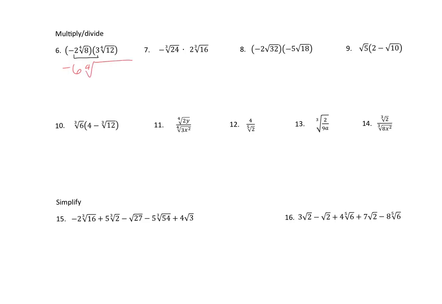Instead of doing 8 times 12, I'm going to write this as 4 times 2 and 4 times 3. Okay, there's your 8, and there's your 12. Now I can break it down a little bit more, and I'm not doing extra work. So 4th root of 2 times 2, that's the 4, and there's the 2. And then 2 times 2 is the other 4, and the 3.